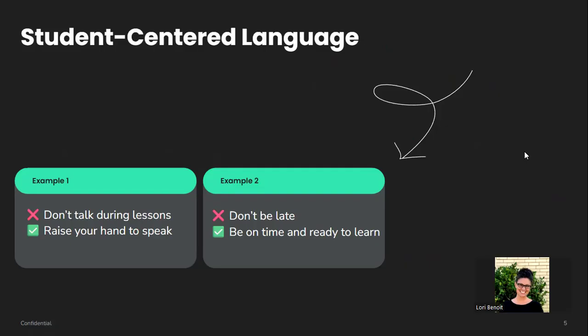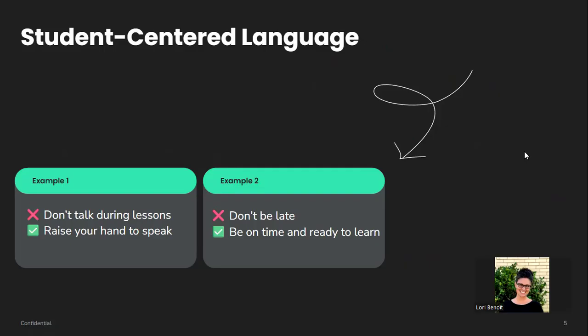When we say raise your hand, we're giving them the acceptable form of behavior that's required for them to contribute in that way. So we're saying, yes, we want you involved. We want you to speak. This is how you do it.